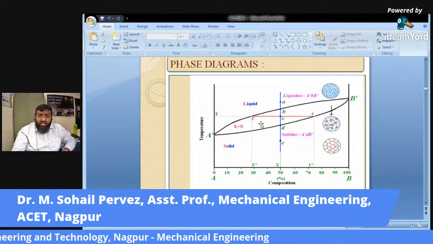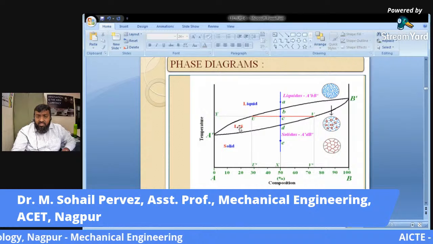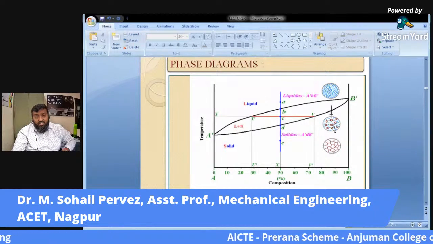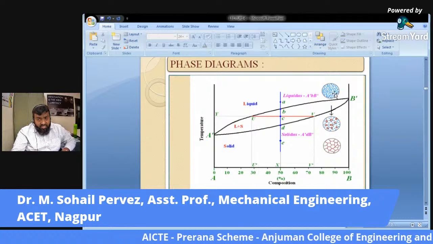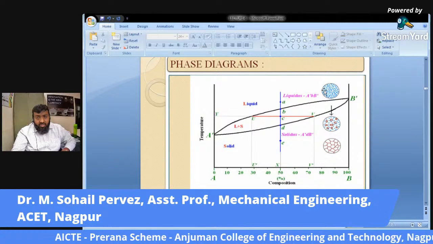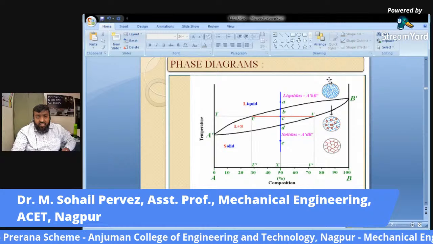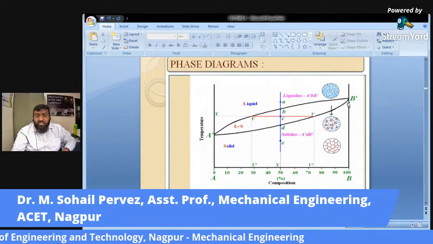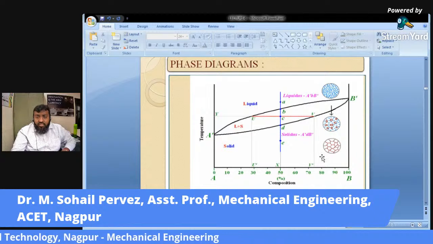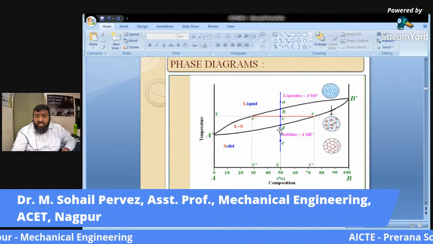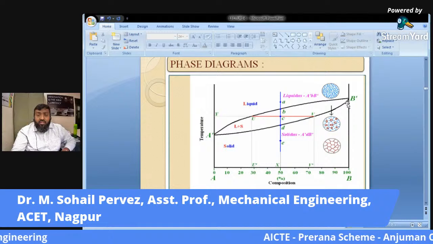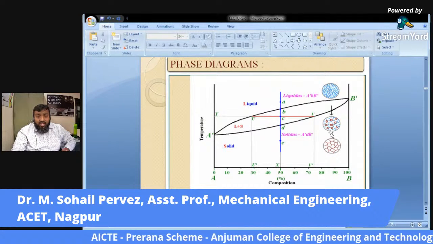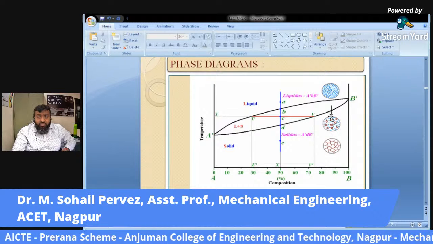That's why this is the mixture of liquid and solid state, as it is depicted in the diagram. So this is the liquid. When we say liquid state, it means the curve A'B'. When I say solid, it means A'DB'. Now when we say liquid plus solid, again the same, but the representation will be different.